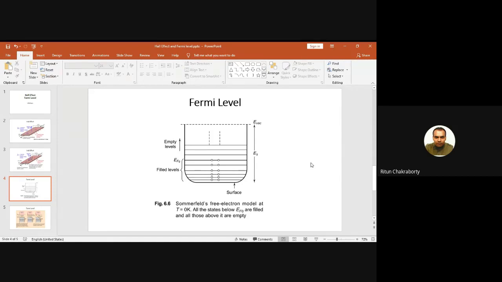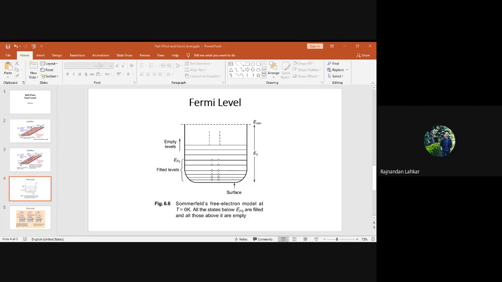So you have understood this much. What is Fermi level? Fermi level is the maximum value of energy that electrons can occupy at a temperature of 0 Kelvin. Energy states above the Fermi level are empty at T equal to 0 Kelvin, and energy levels below the Fermi level are full.